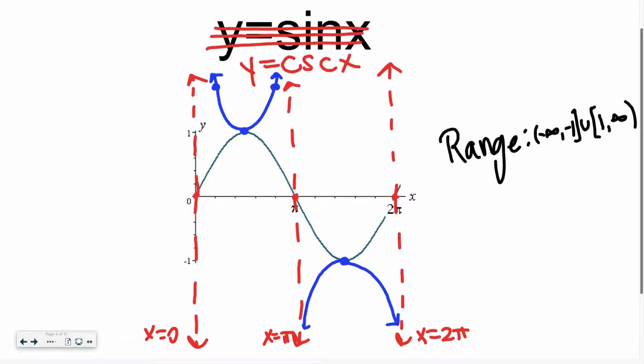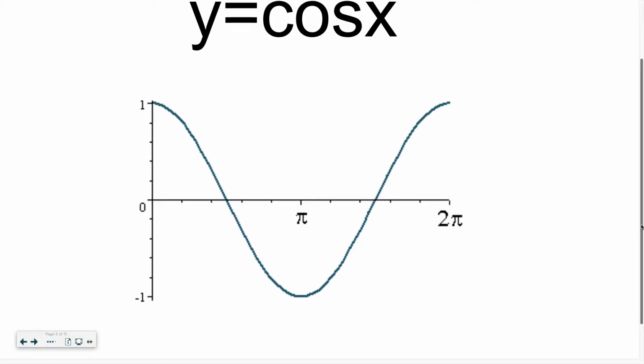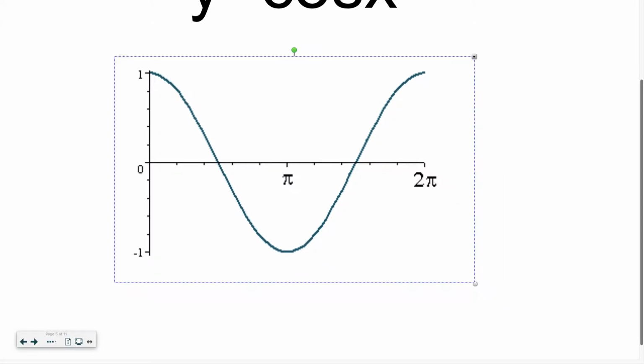Okay. All right, let's look at our secant graph. Do you think it's going to have similar features? Probably, because a cosine has similar features to a sine graph. So what I'd like you to do is very lightly draw in one period of a cosine curve.